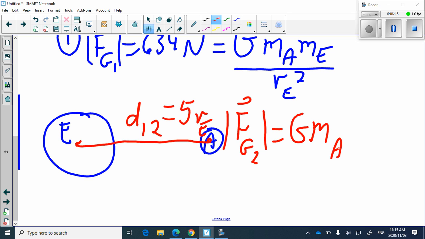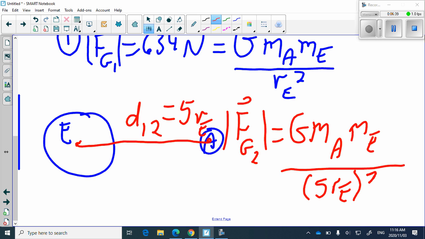Mass of the astronaut, mass of the Earth, so those two are in the numerator. So we've got 3 things in the numerator, divided by the distance between them squared. Well, the distance is now 5 radii of the Earth. It's no longer the radius of the Earth, it's 5 of them. So I have to square the entire thing.